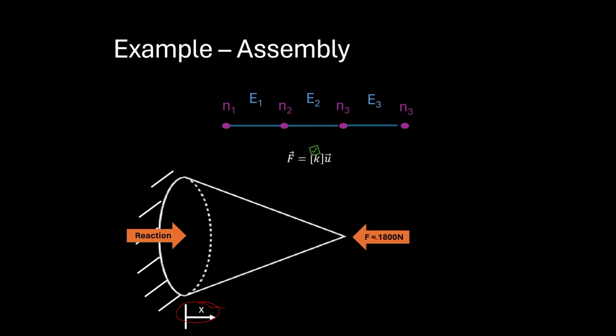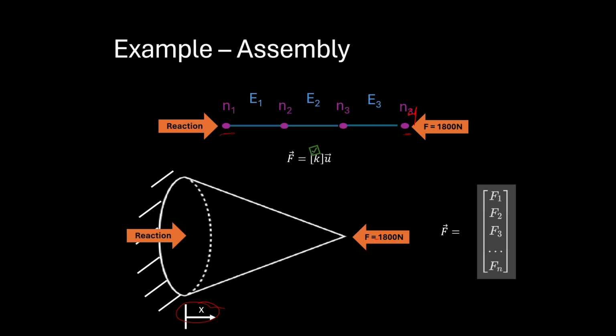We also have a reaction because these nodes are fixed, and so there needs to be an equal and opposite reaction force. So if we move this to our simplified diagram, there's a reaction force on node 1 and a force on node, this is supposed to be node 4.